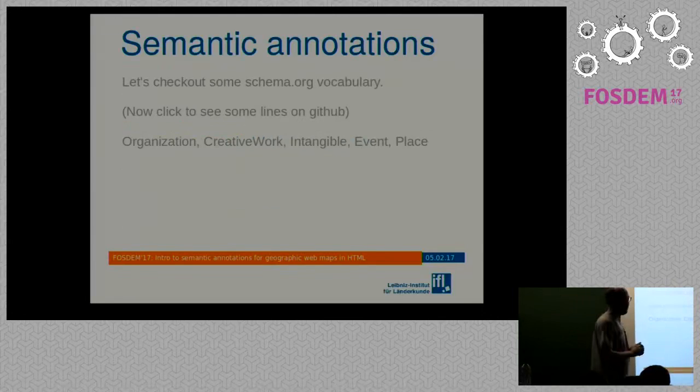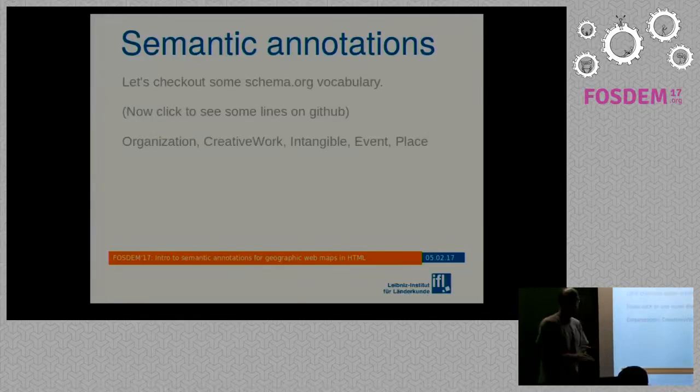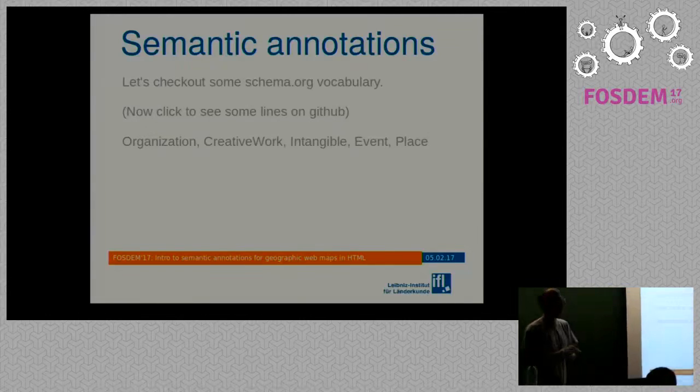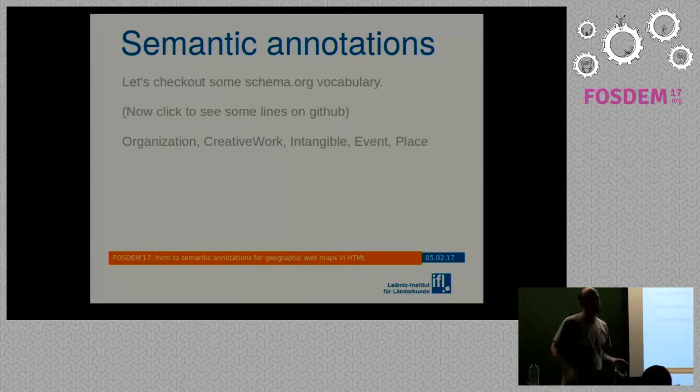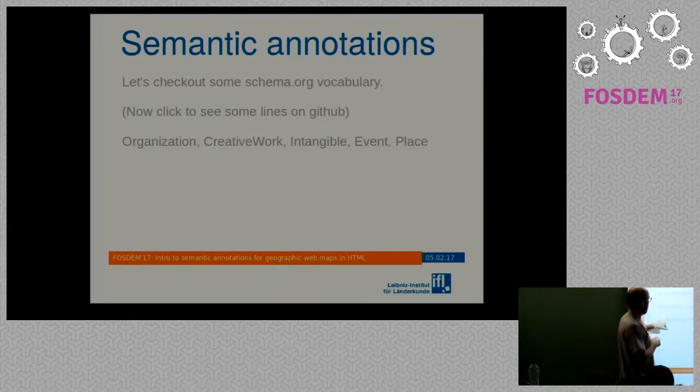If we talk about semantic annotations on maps, I decided to use the schema.org vocabulary because it tries to describe everyday life concepts, terms which we use in everyday life. There are five very abstract entities.